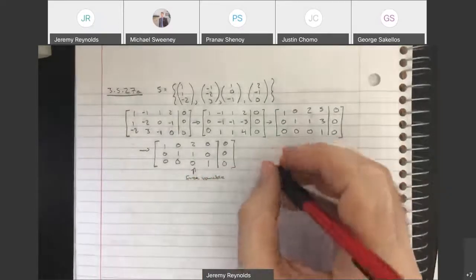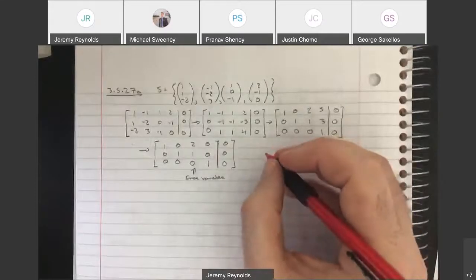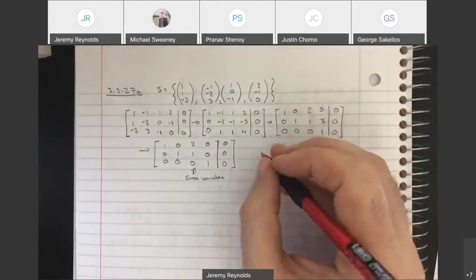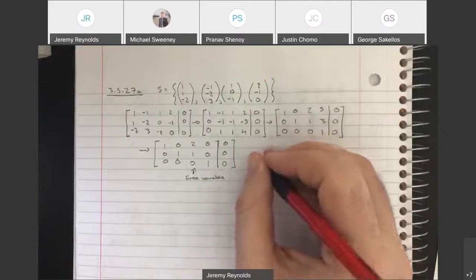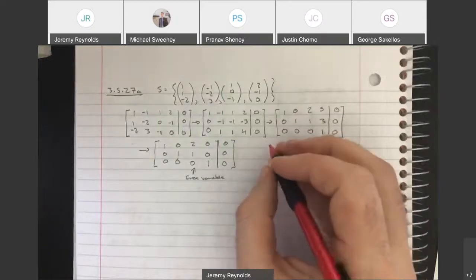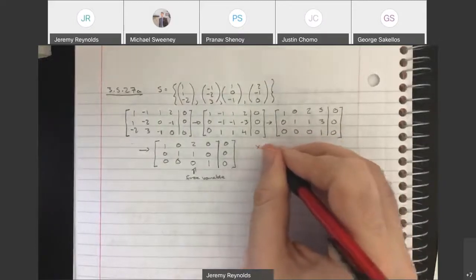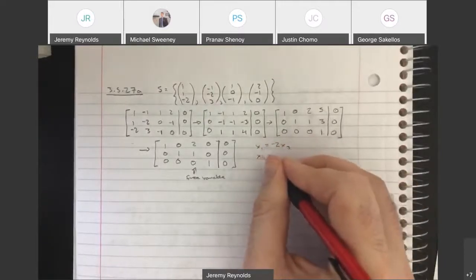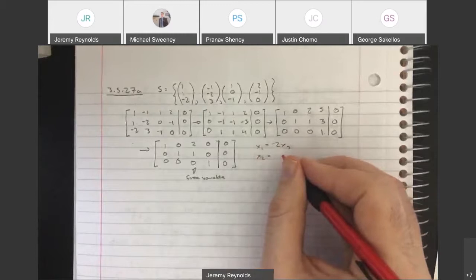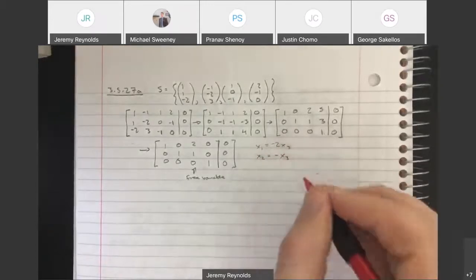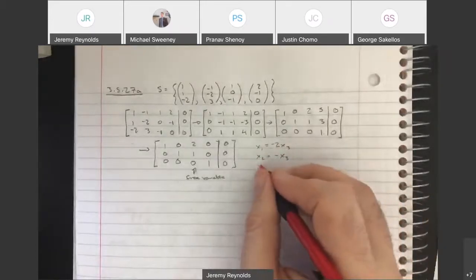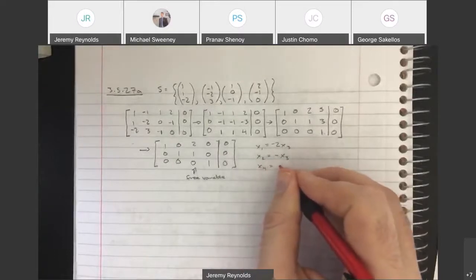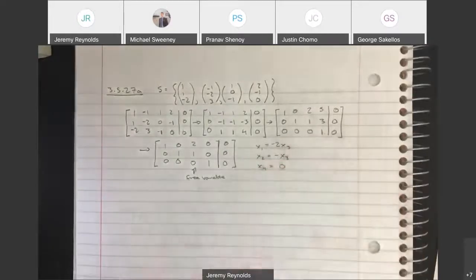So if we rewrite the solution, we're going to get that x1 equals negative 2x3, x2 equals negative x3, and x4 equals just 0.